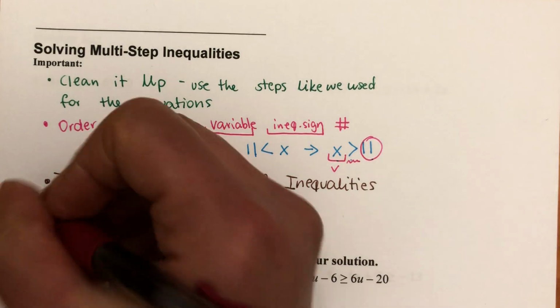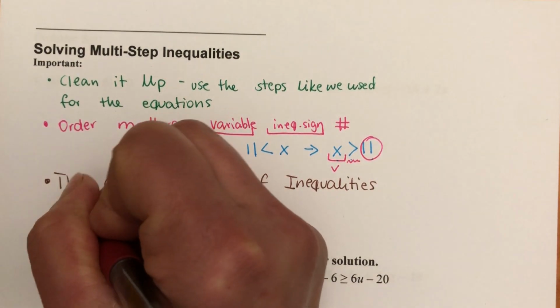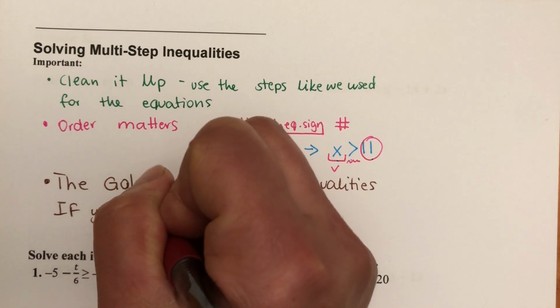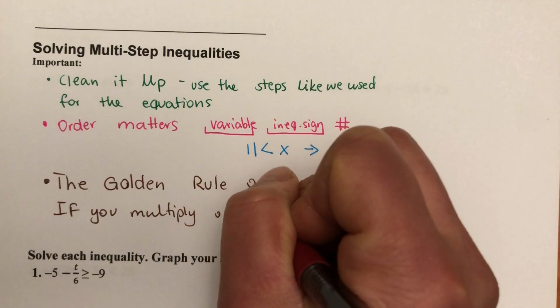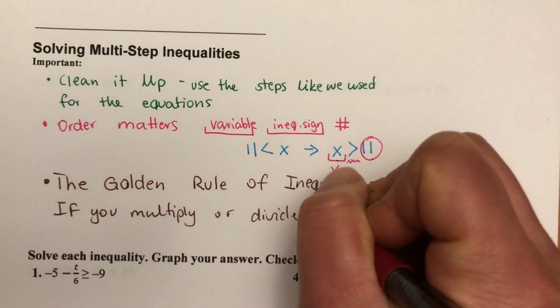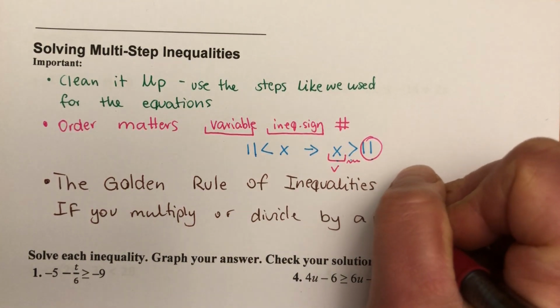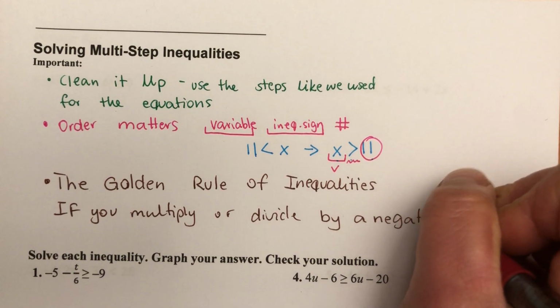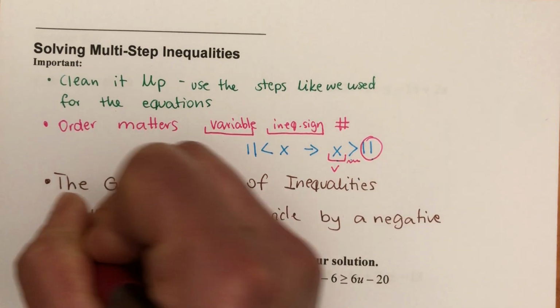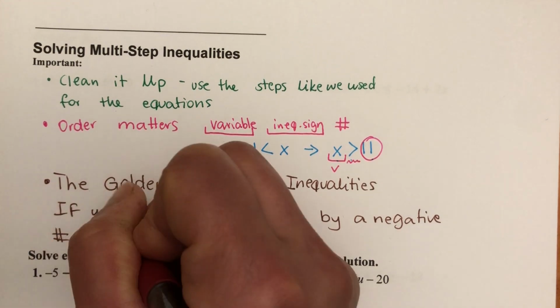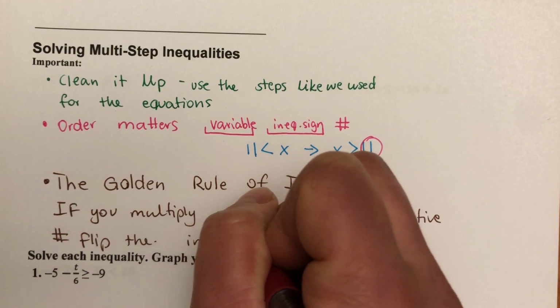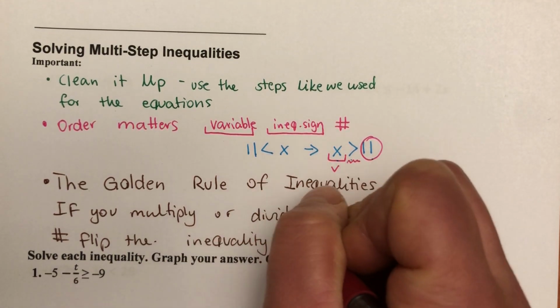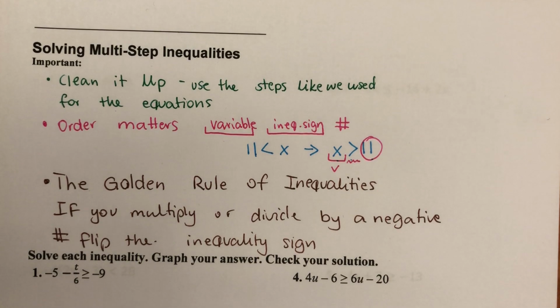If you multiply or divide by a negative number, flip the inequality sign. Right, remember that? We've done this many times.